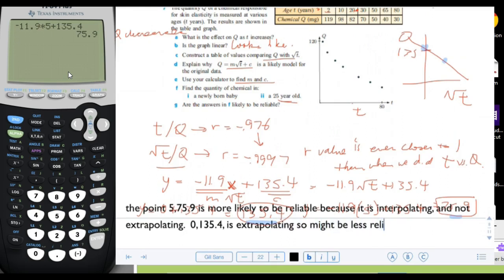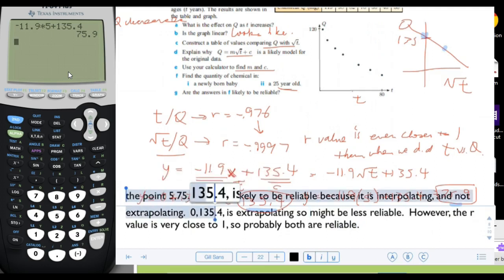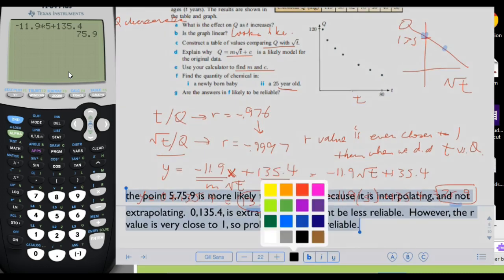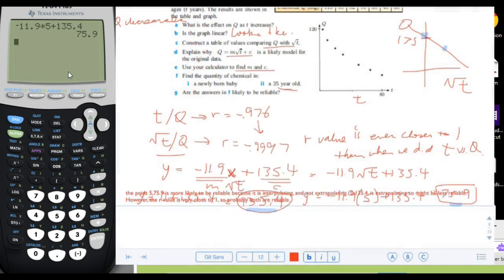However, the R value is very close to 1, so probably both are reliable. Remember, the R value was super close to 1. It's negative 0.9997, right? So we can be pretty safe about it. We can feel pretty good about that.